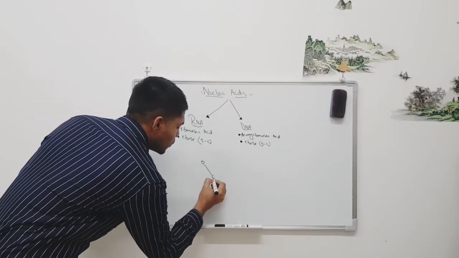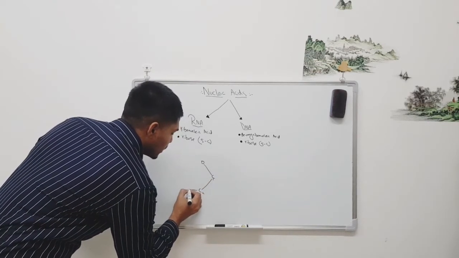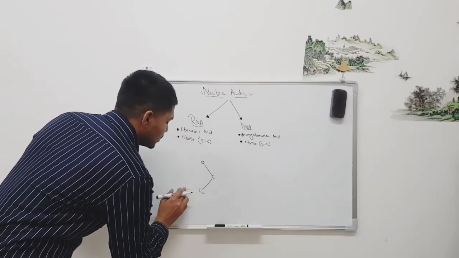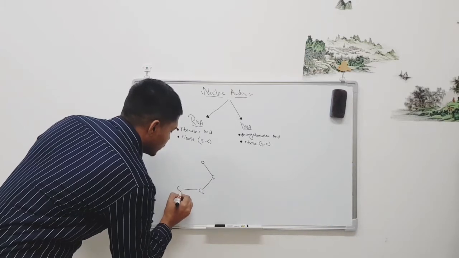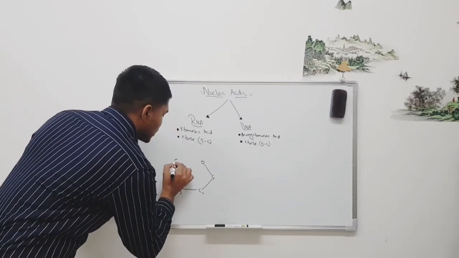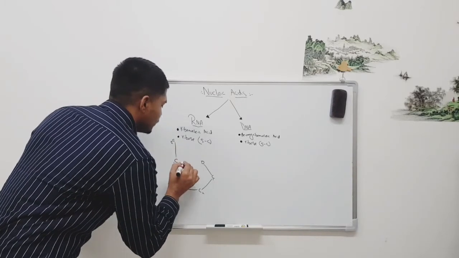Here is carbon number 1, here is carbon number 2, here is carbon number 3, here is carbon number 4, and here we go with carbon number 5.